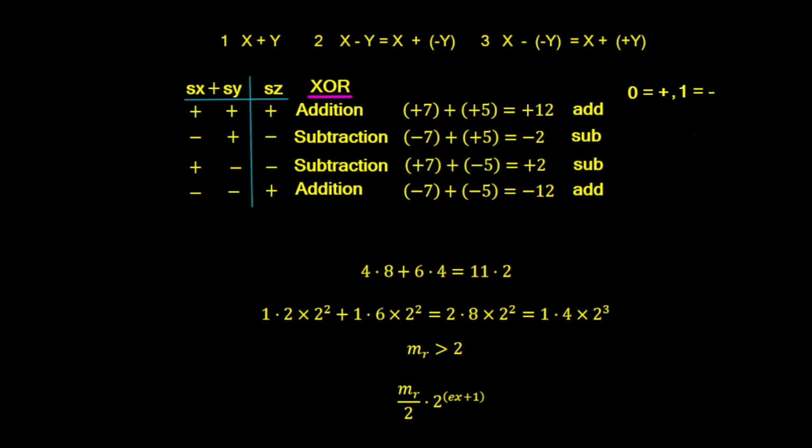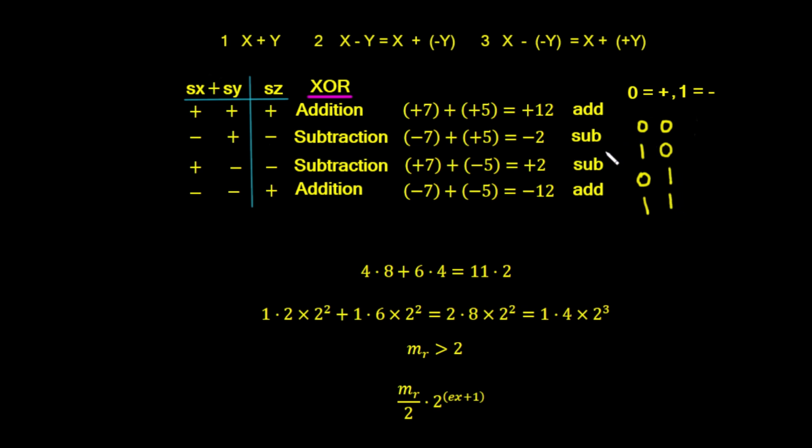So you could rewrite this little truth table where positive is a value of 0, so we're going to have a 0 and a 0, or a 1 and a 0, or a 0 and a 1, or a 1 and a 1.